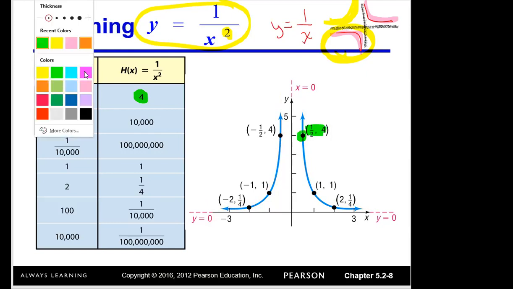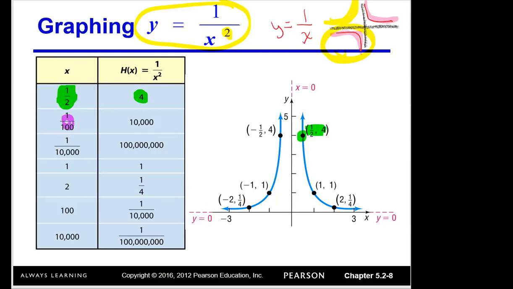When we made x a lot smaller, when x is 1 over 100, you have 1 divided by 1 over 100 squared. Trust me, when I'm done with it, you get 10,000. So when x is 1 over 100, which would be really close right here, the point would be way the heck up here somewhere.